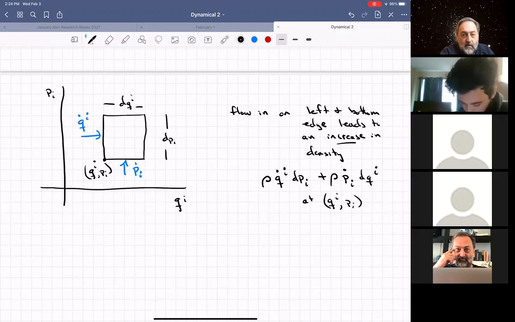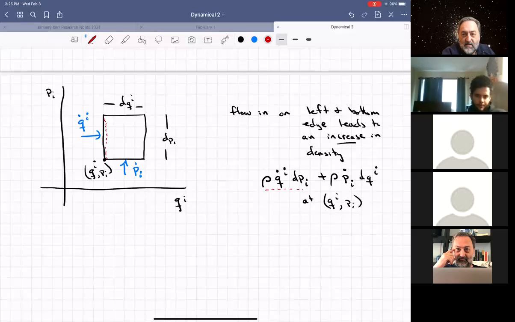All right, so if I had some little region and I'm running points in along this side here, that's this term here. It's dpi tall. So rho times dpi times q dot i is how many more points are coming in on the left edge.